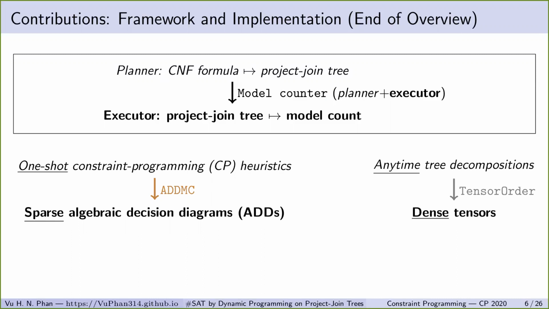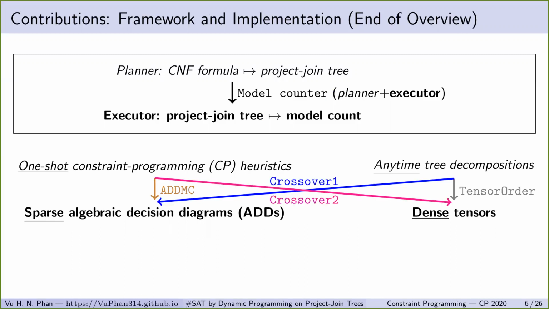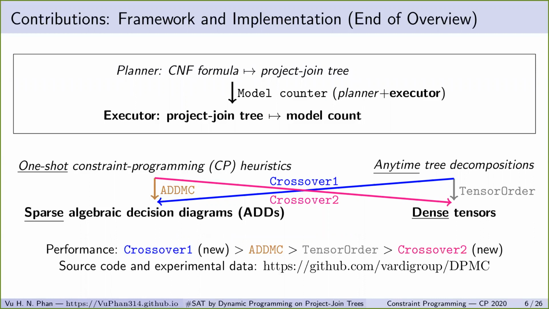Similarly, we deconstruct TensorOrder, another existing model counter, into a planner that uses tree decompositions and an executor that uses tensors. Of course, we can mix and match planners and executors to create crossover model counters. Interestingly, one of these crossover model counters outperforms both existing model counters.